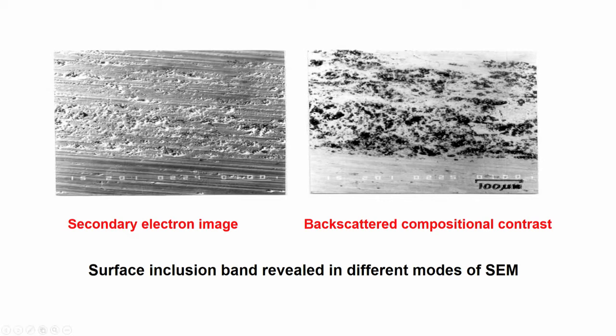But look at the other mode of image, this one on the right. It is the backscattered compositional contrast. That means it is giving compositional contrast, and the electrons are coming by getting backscattered from the steel surface.